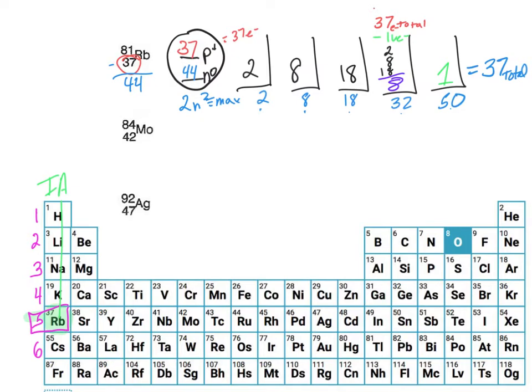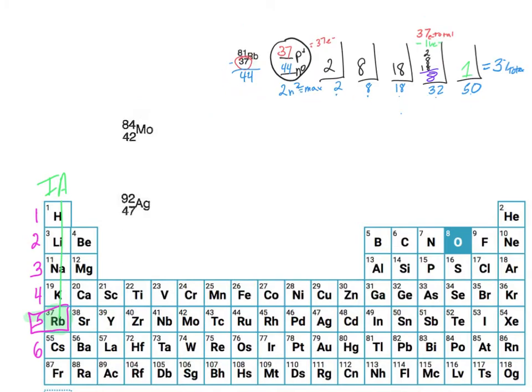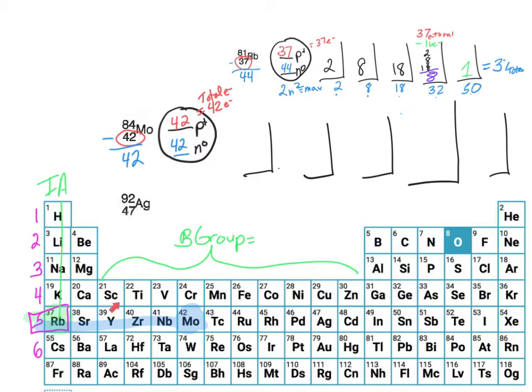Now let's do one for molybdenum 84. To start off with, we have 42 protons, and we have 42 neutrons in the nucleus. We're going to draw out 5 shells because it is in the 5th period. And this is a group B, so it's only going to have 2 valence electrons. So we'll put a 2 at the end.